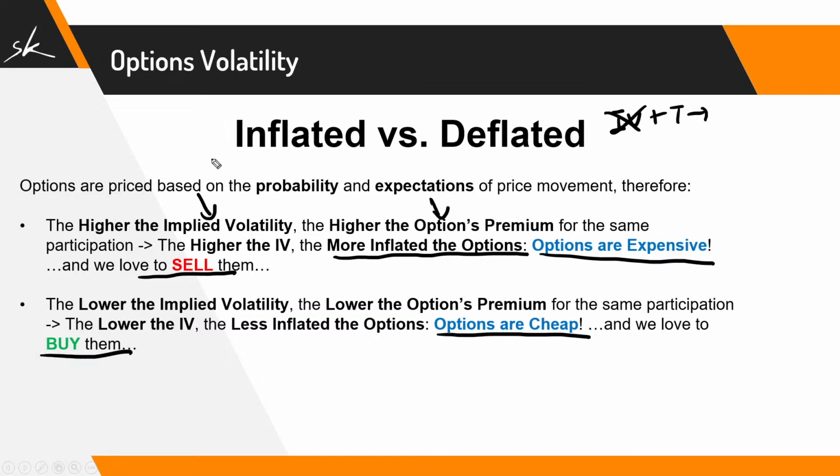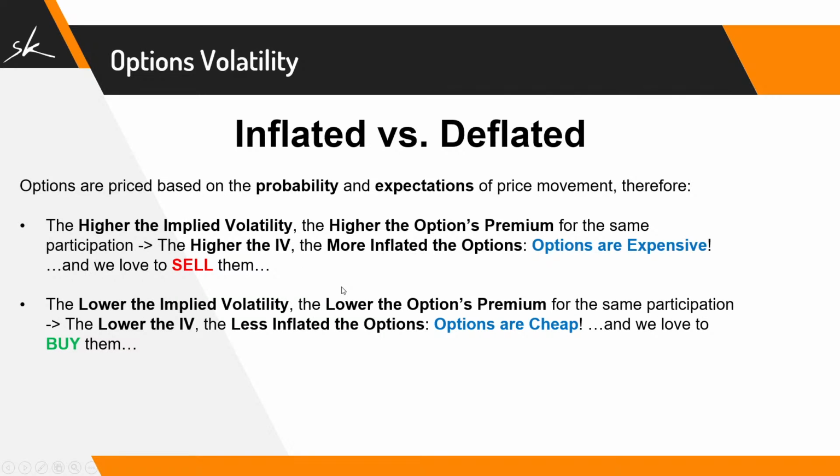This is why implied volatility is the key criterion for us to understand when to buy options and when to sell options, because the lower the implied volatility, the cheaper those options are, and the higher the implied volatility, the more expensive they are. So we will decide whether options are cheap or expensive by understanding the implied volatility.